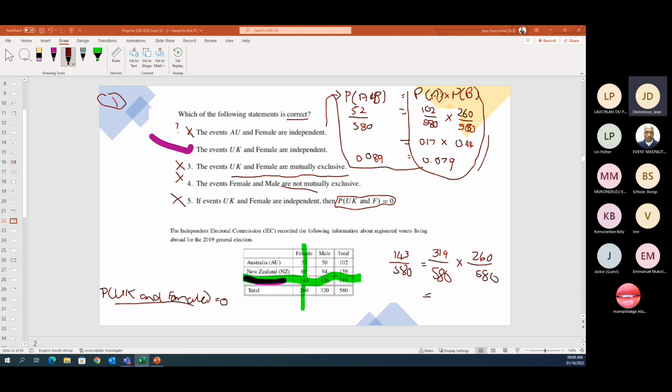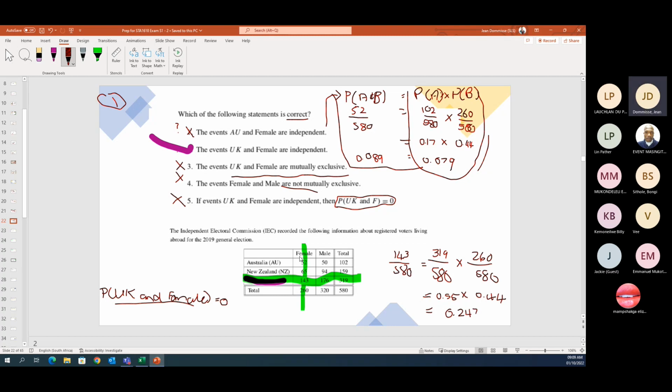So let's see if that gives us different numbers. So 319 divided by 580 is 0.55. That one stays the same as 0.44. And that gives me 0.247.